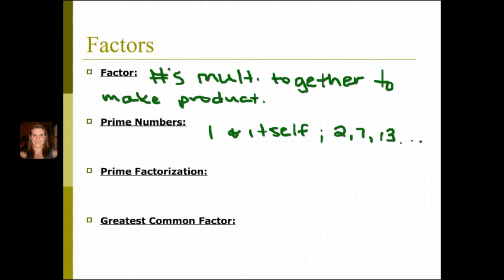Prime factorization is the prime numbers that multiply together to make the original number.